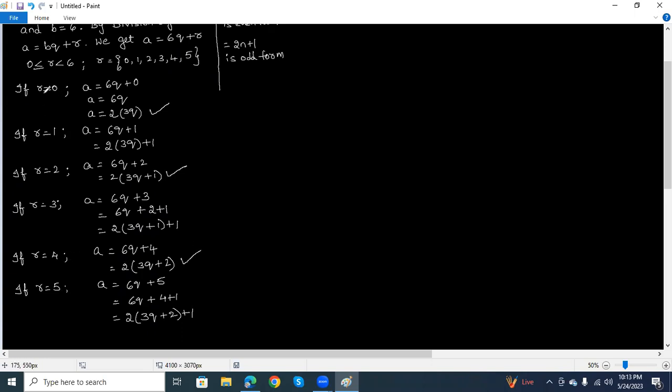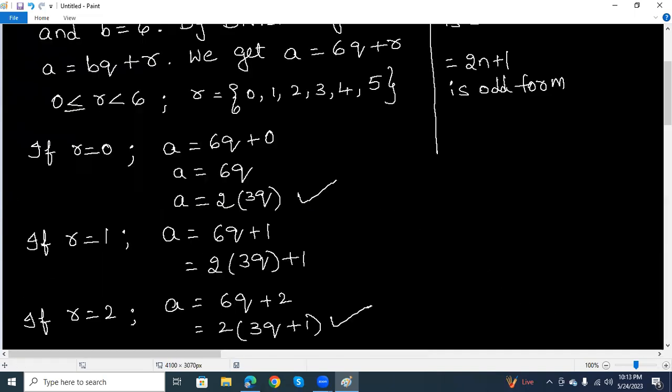But if you put odd numbers, r is equal to 1, this is 2n plus 1. r is equal to 3, 2n plus 1. r is equal to 5, 2n plus 1. So when we put odd values, we are getting 6q plus 1, 6q plus 3, 6q plus 5 forms. So let's summarize this same thing.